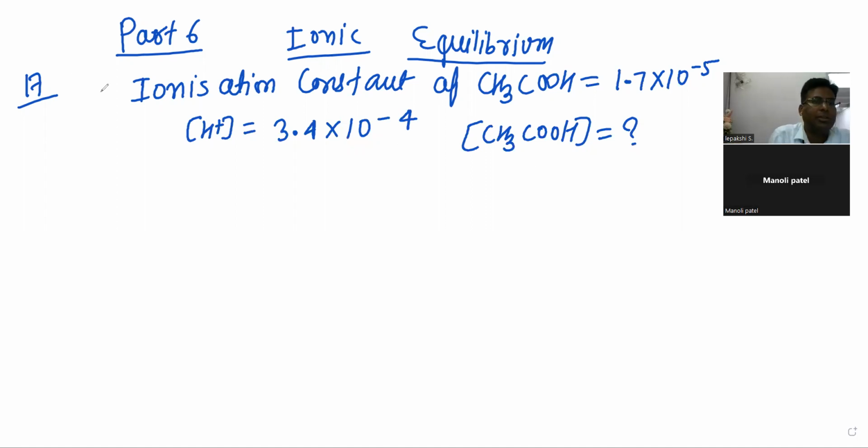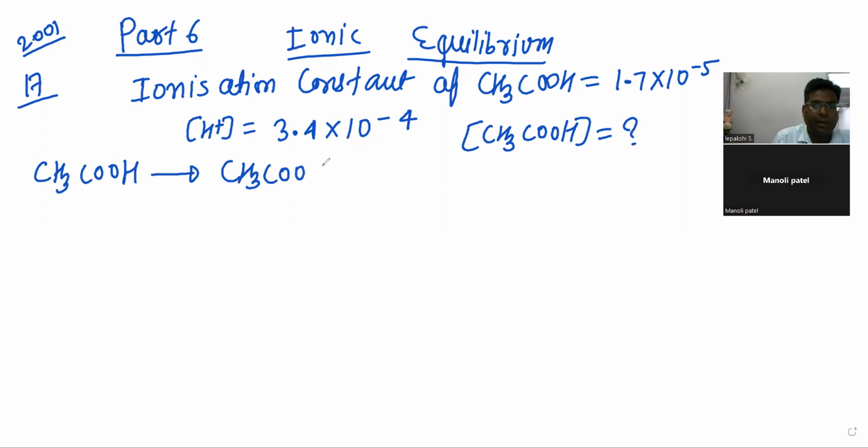It was asked in 2001. So now see the explanation. When acetic acid dissociates, suppose I take the reaction: CH3COOH dissociates into CH3COO minus plus H plus.